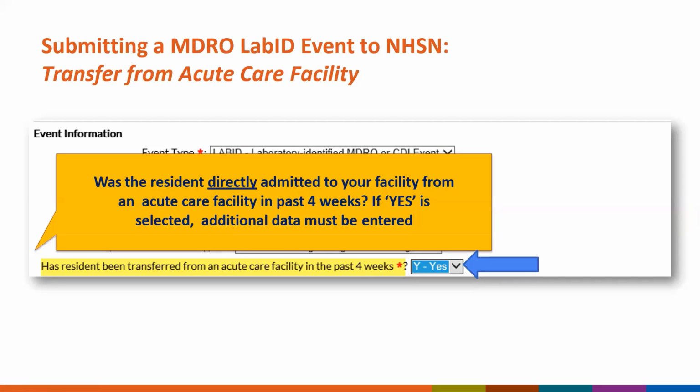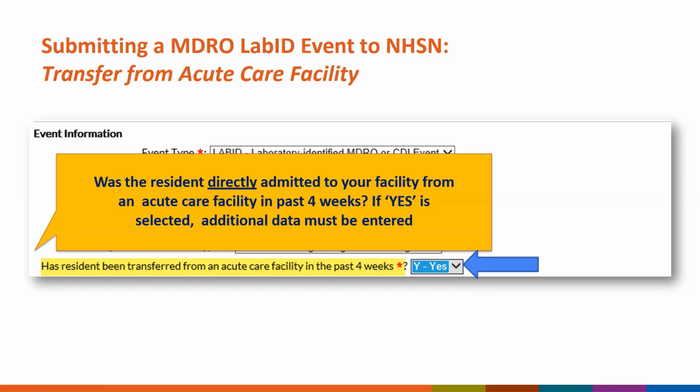For the next question, enter yes if the resident has been an inpatient of an acute care facility, such as a hospital, long-term acute care hospital, or acute inpatient rehabilitation facility only, and was directly admitted to your long-term care facility in the past 4 weeks.